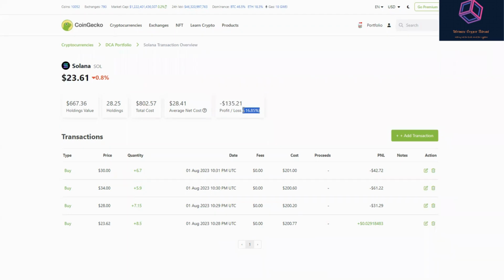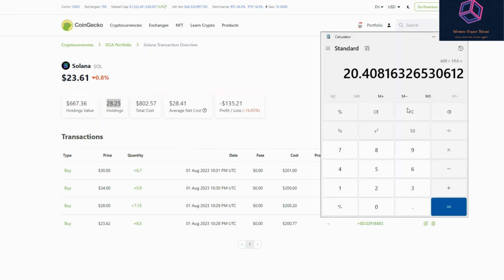Now, if Solana goes down to below your average, for example, Solana's price now goes down. So remember 28.25, right? That's your holding. So if Solana's price goes down to say 20, so let's do that. 28.25 times 20, 565.